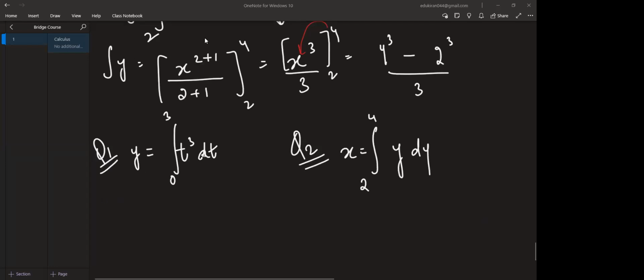At least answer the first question, all of you. It's t to the power 3 dt, integrated from 0 to 3. Tell me what's the exact value coming.